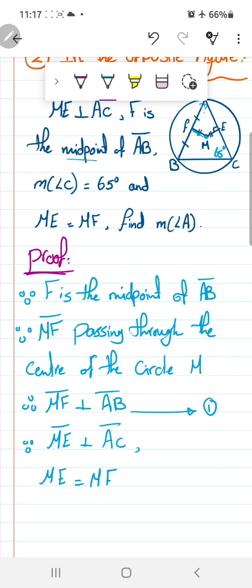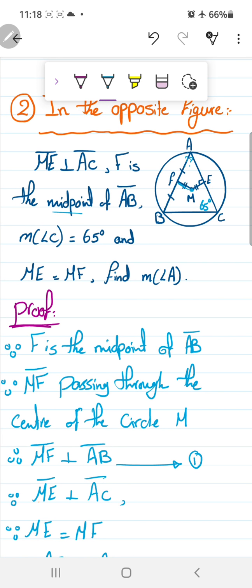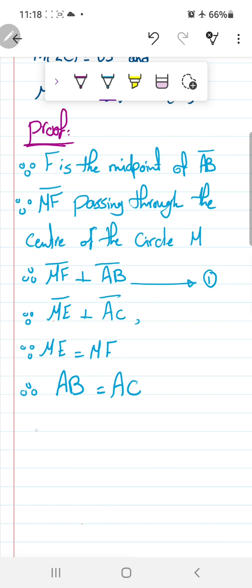Here the converse of the theorem: the two chords are equal, AB equals AC. AB and AC are two sides in the triangle, then the triangle ABC is an isosceles triangle.